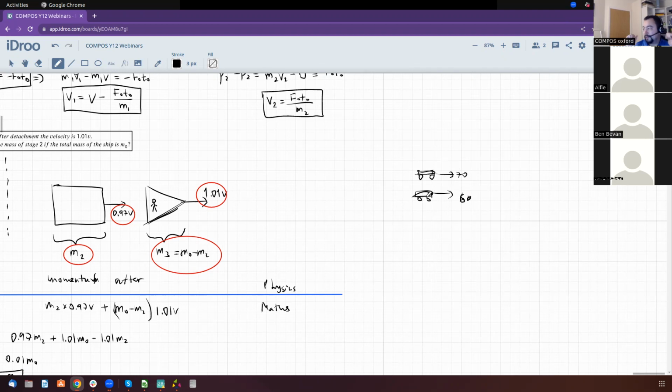So it's going in the other direction, backwards. Relative velocity is 10. But if you're standing here, one is traveling 70, the other one's traveling 60.